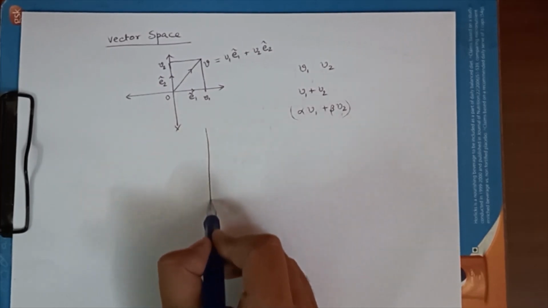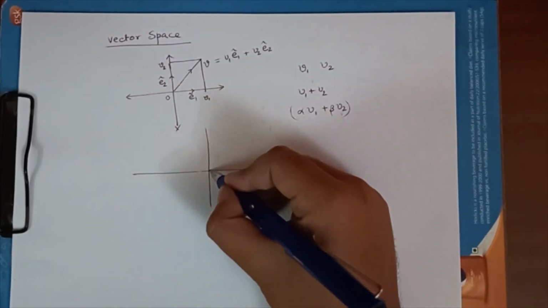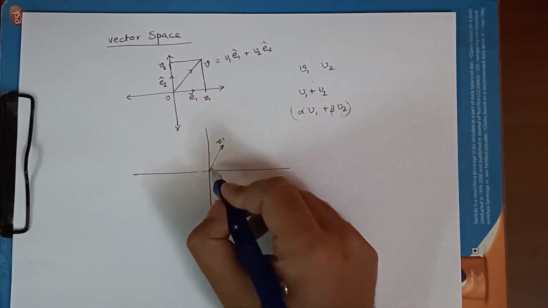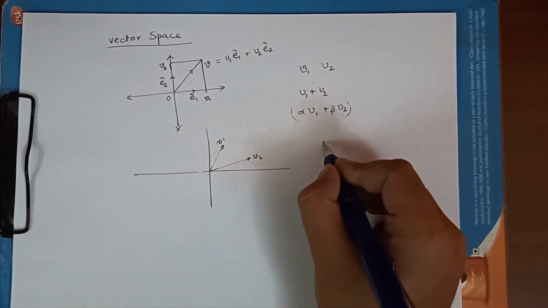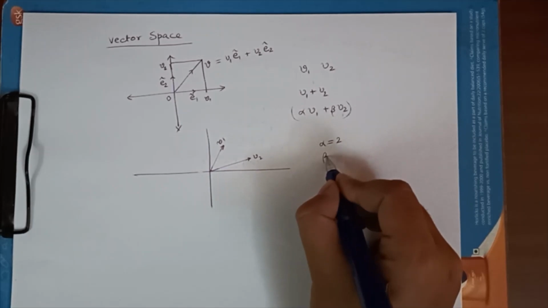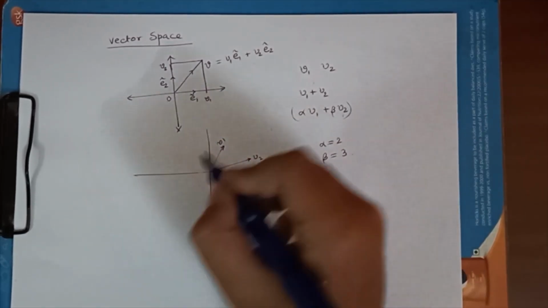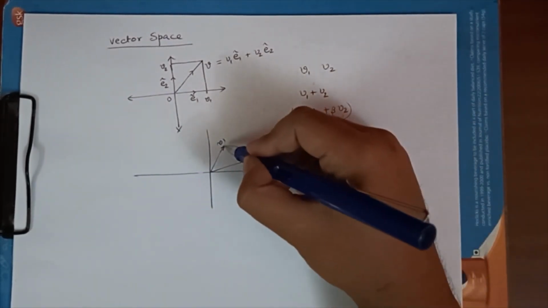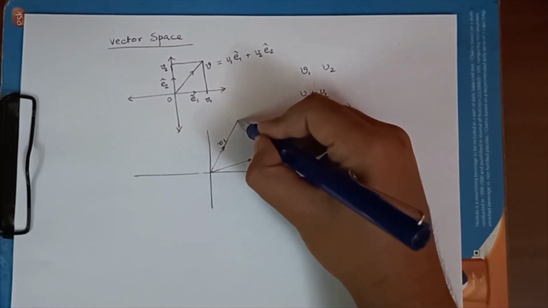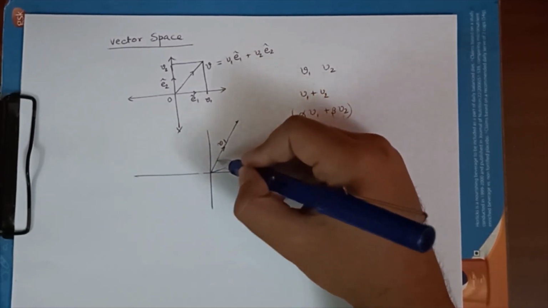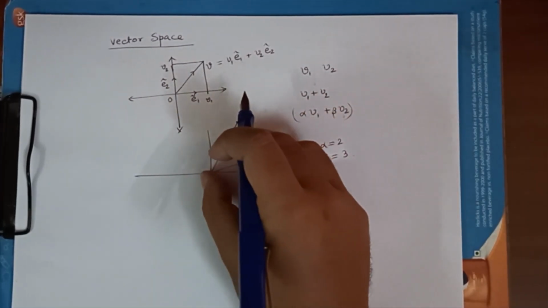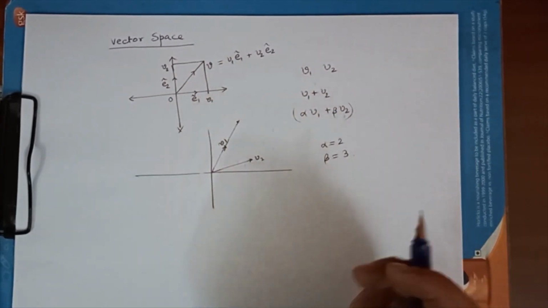Geometrically we can visualize this in this way. Suppose v1 is a vector, v2 is a vector. Suppose alpha is equal to 2 and beta is equal to 3. What does that mean? Alpha equal to 2 means alpha times v1 will be in the same direction, but the length will be double that of the original v1. So if v1 has this length, it will have this length.